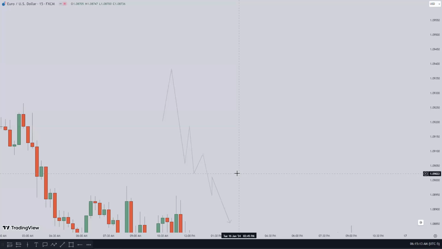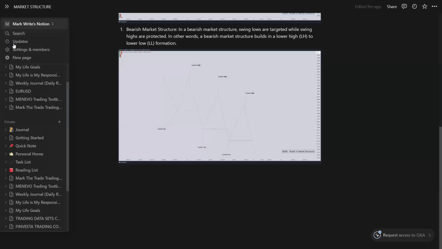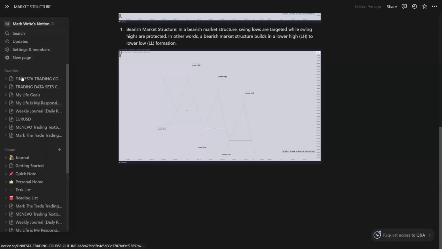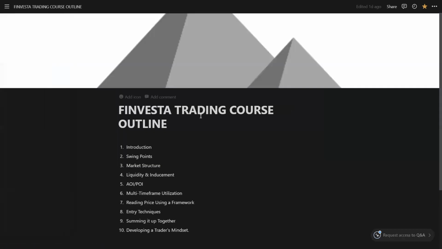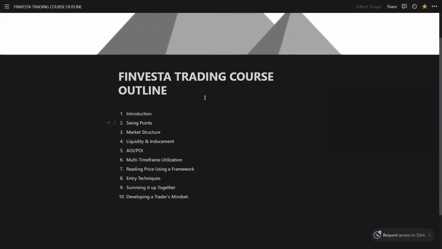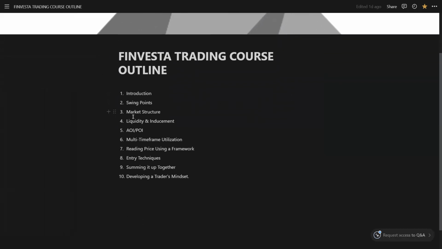The next topic we're going to be moving into is liquidity and inducements. Then we'll talk about the EOI, POI, and multi-time frame utilization.